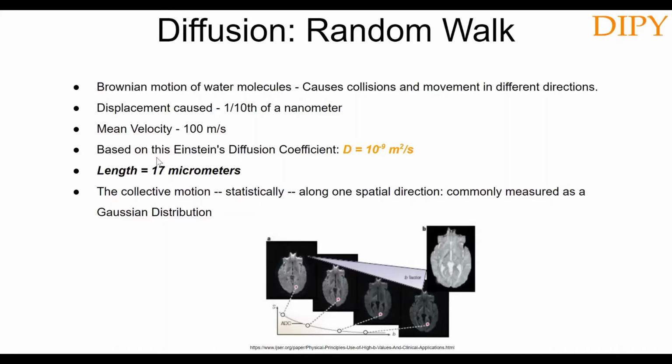It is given by Einstein's diffusion coefficient, 10 raised to power minus 9, and the average diffusion length is around 17 micrometers. The collective motion, we often try to model using a Gaussian distribution, as you may have seen in DTI. And the ADC is given by the diffusion curve and the exponential decay as the b-values increase.